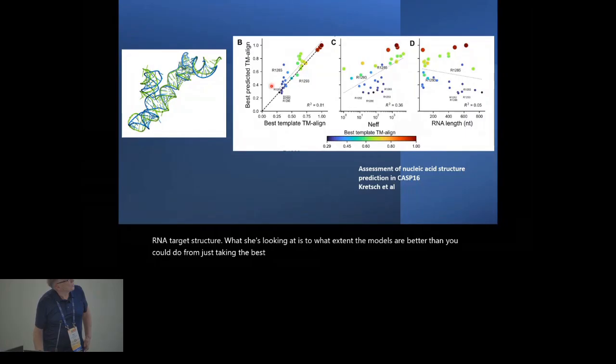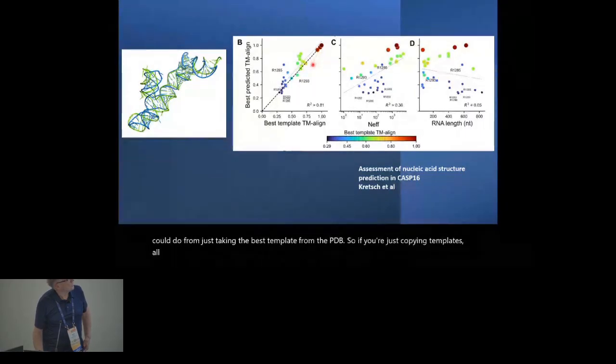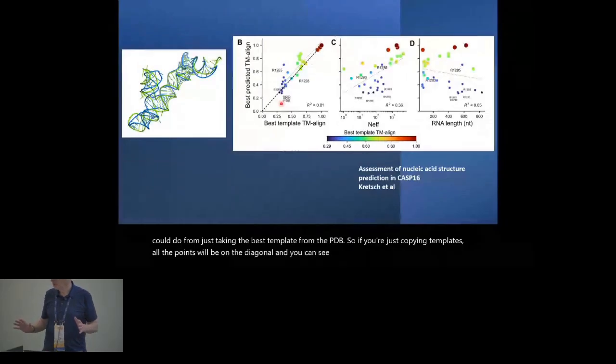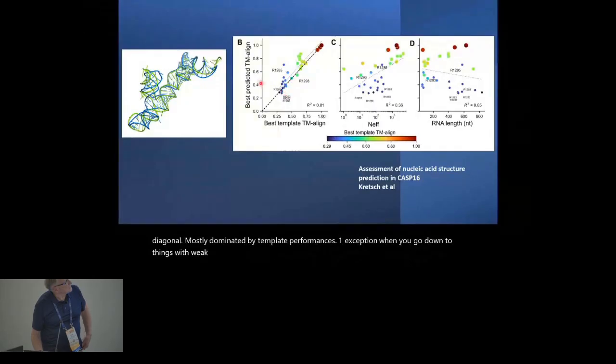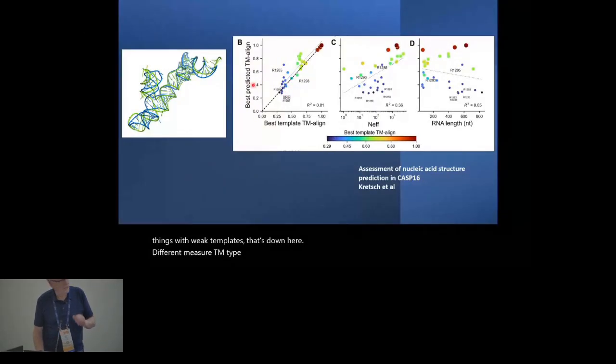So if you're just copying templates, all the points will be on the diagonal. And you can see basically all the points are on the diagonal, mostly dominated by template performance, with one exception. And when you go down to things with weak templates, that's down here. This is a different measure, a TM type measure of main chain accuracy.